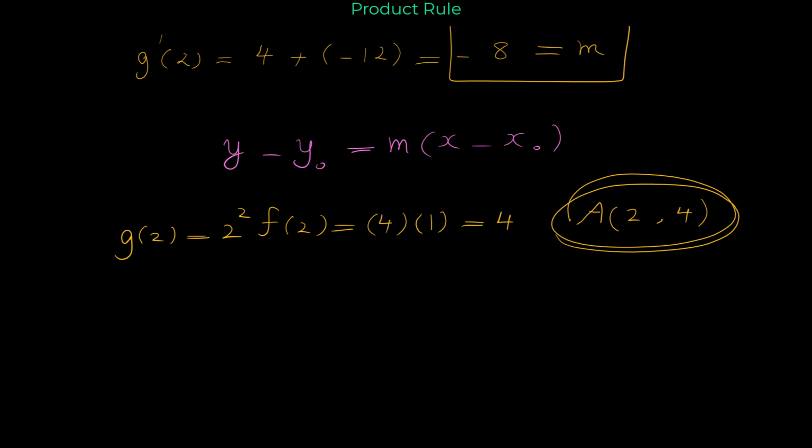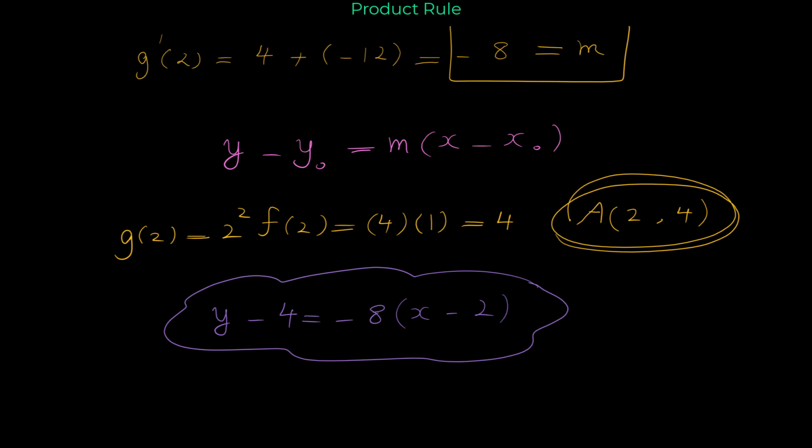Now we have everything that we need for writing the equation of the tangent line. The equation of the tangent line would be y minus 4 equals -8 times x minus 2. This is the equation of the tangent line to function g when x equals 2.